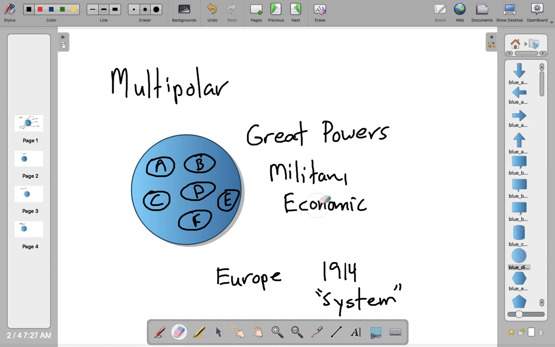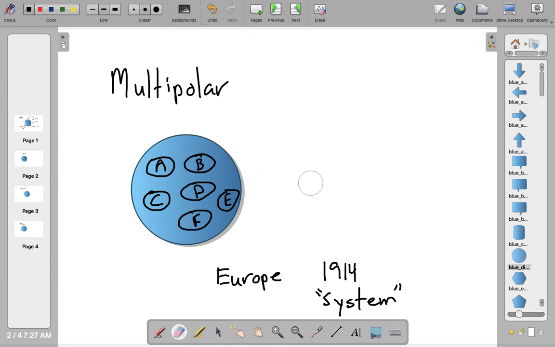And this leads to another term we need to know. And this really works well in a great power sort of system or a multipolar system. It's called balance of power. So in this multipolar system, balance of power is the idea that these countries all coexist.